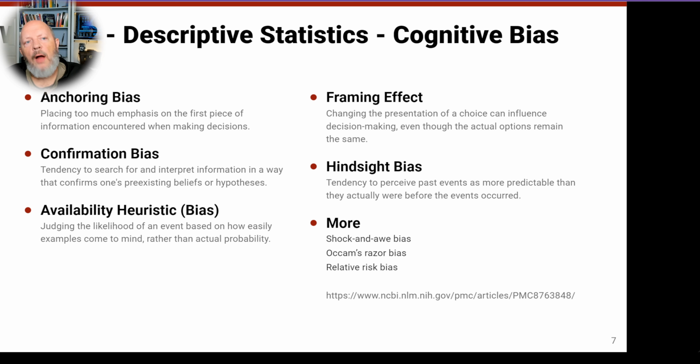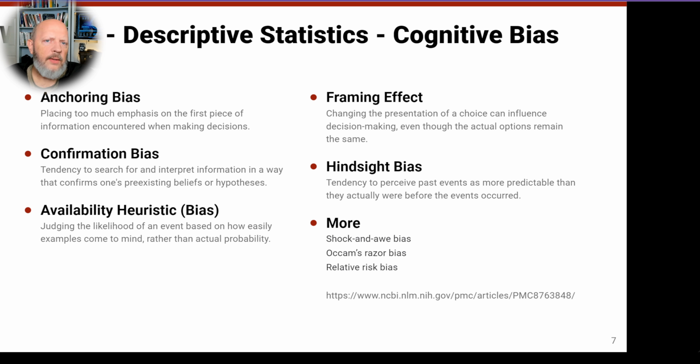Confirmation bias: the analogy we always use is, if you like Fords a lot and you think Chevys are horrible, you're driving down the highway, and oh, look, a Chevy broke down. Oh, look, another Chevy broke down. Well, I don't see any Fords breaking down. You're confirming your own bias.